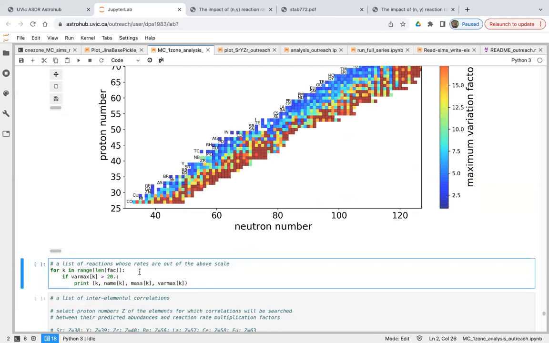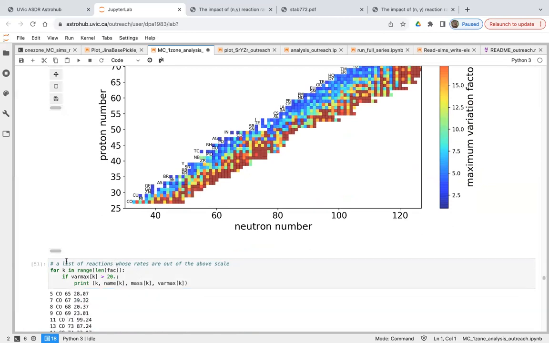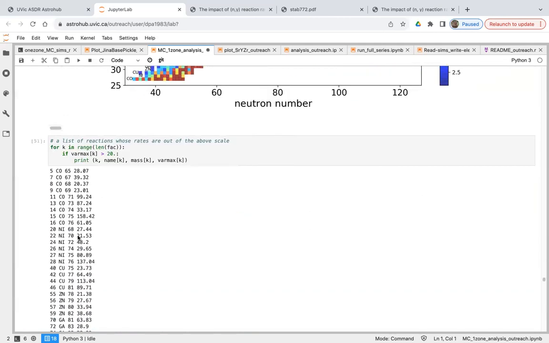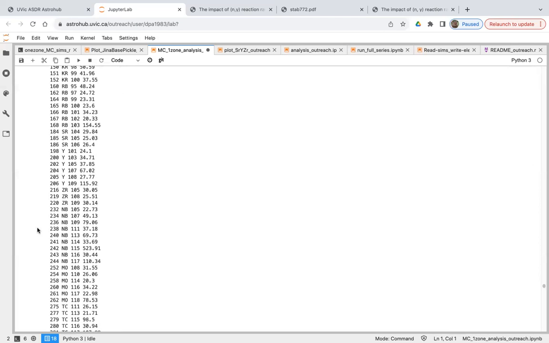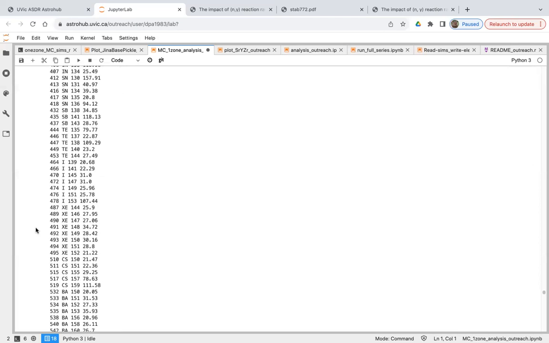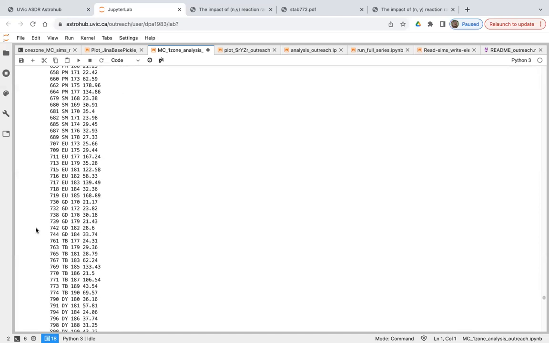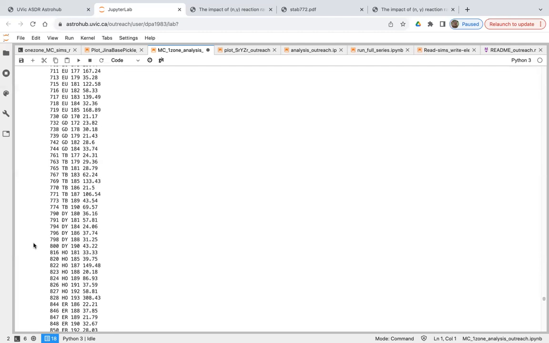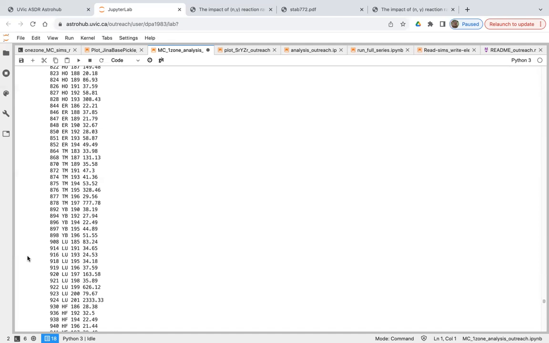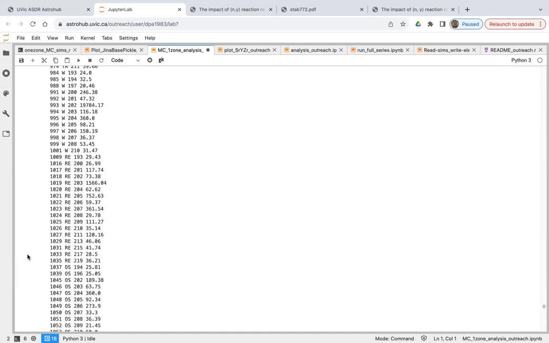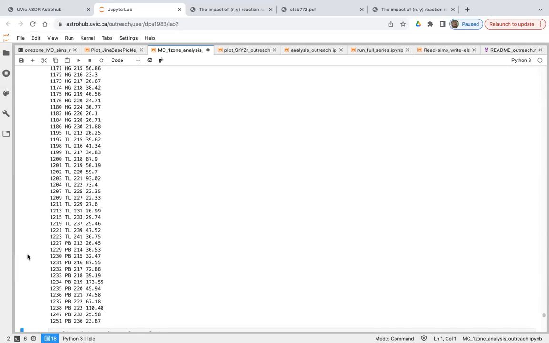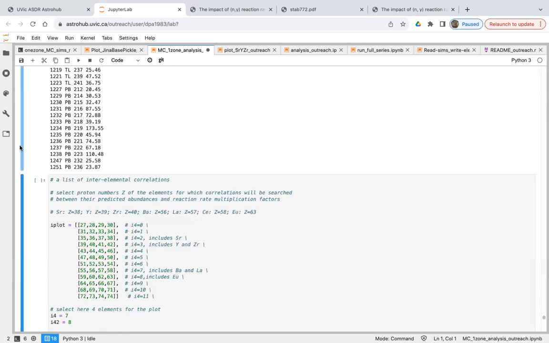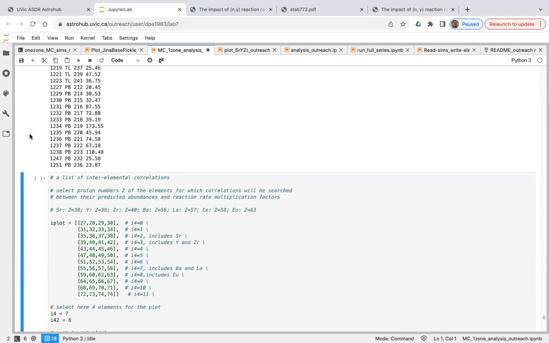So therefore, the next cell just gives the list of isotopes with maximum variation factors that exceed 20, as you can see, 28, 39, etc. Okay, it's a pretty long list. There is now a discussion about a correct estimate of maximum variation factors, about the relations or not, but let's talk about this later. We have something to say about that as well.